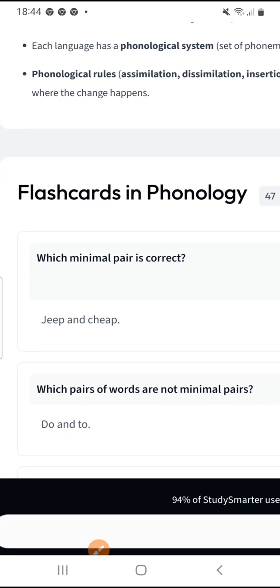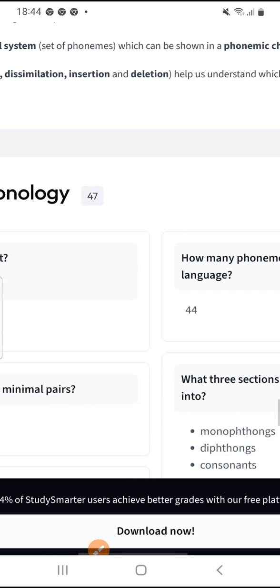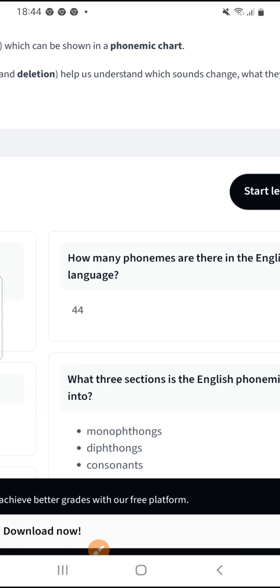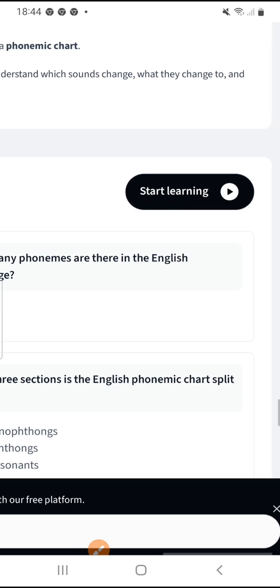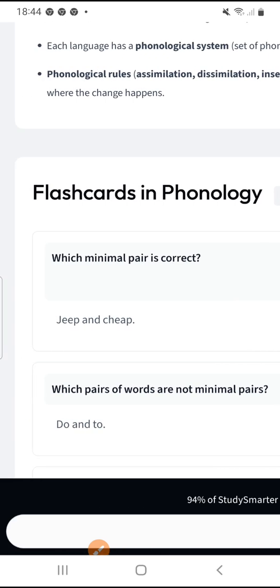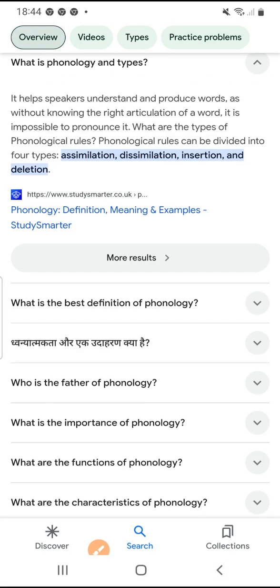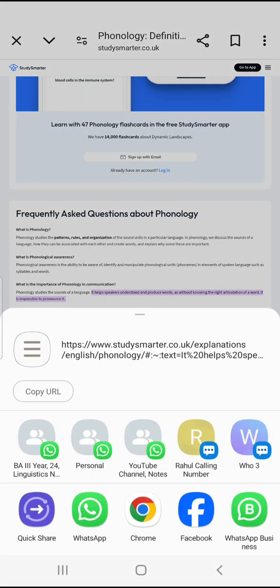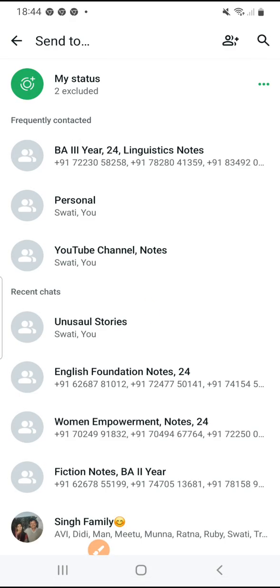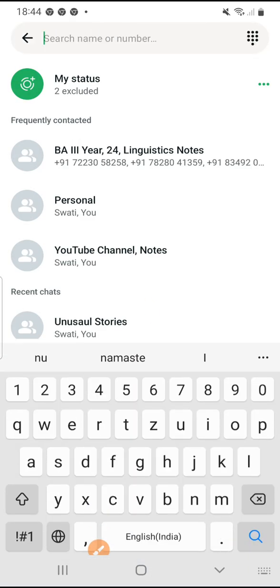Now phonological rules: assimilation, dissimilation, insertion, deletion help us understand which sounds change, what they change to, and where the change happens. So these are the different notes. Very important. We are going to discuss it in the class, right? I am sharing it, and we will discuss it in the class.